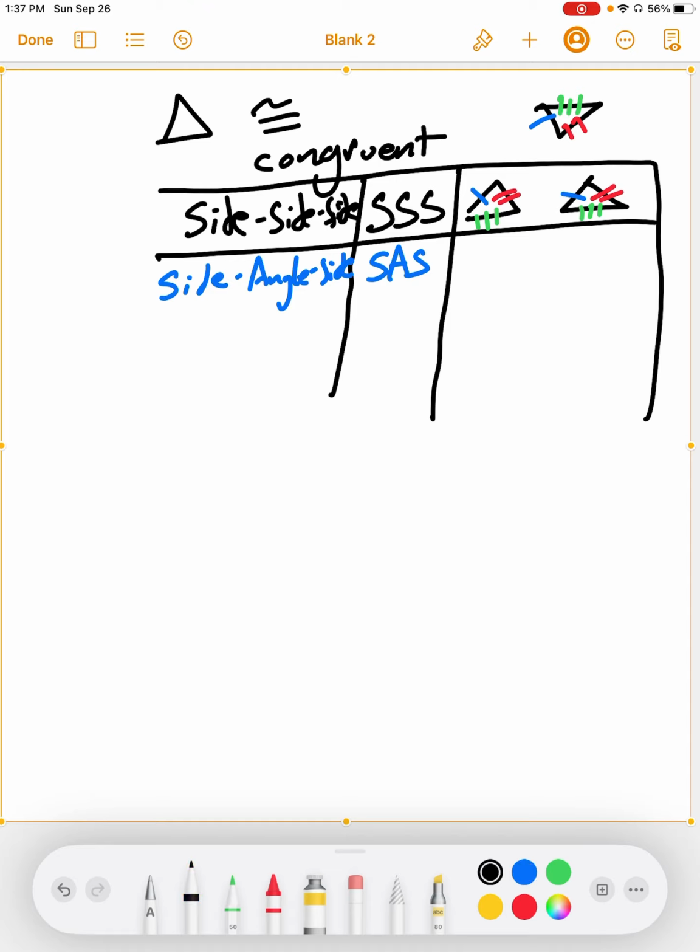Okay, and that's going to be when we have, whoops, that's not a very good triangle. Okay, so if we have sides, and then an angle, and then another side, okay, that's side, angle, side. The angle has to be between what I say is the alligator jaws.